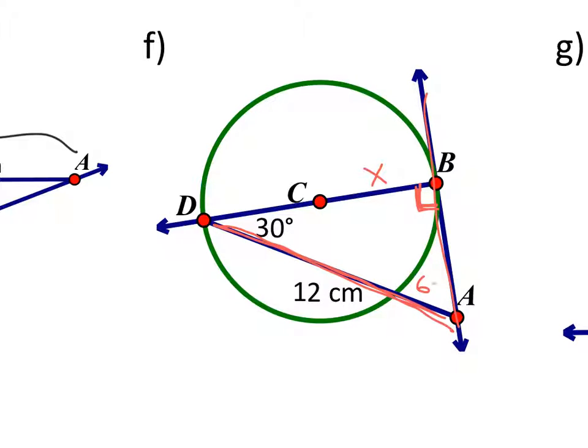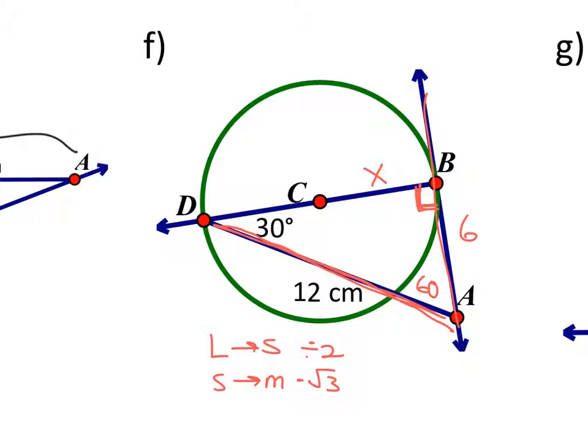So we could use SOHCAHTOA to get the missing sides, or we could use the fact that it's a 30, 60, 90 triangle. So since it's a 30, 60, 90 triangle, and we're given the long side is 12, we could go from long to short, and to do that we divide by 2. So that means this short side is 6, and then we can go short to medium, so that's multiplying by square root of 3.